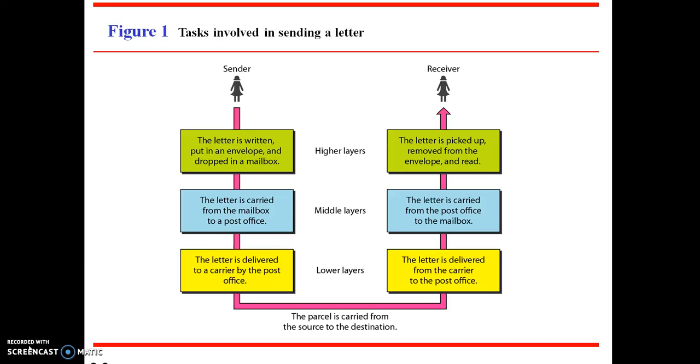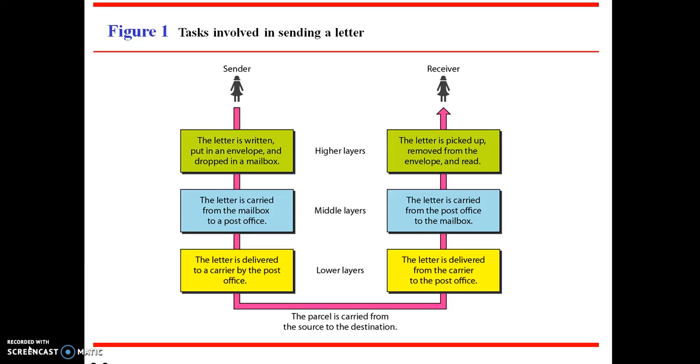Next, the letter is carried from the mailbox to the post office. A postman will carry the letter from the mailbox or post box to the post office. This is another task called the middle layer. Last is the lower layer. The letter is delivered to a carrier by the post office. Here the carrier is nothing but the one who carries the information from one end to another end.